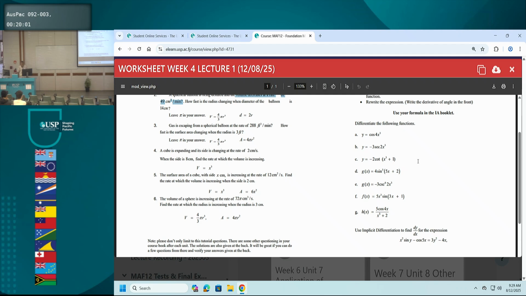Differentiate the following functions. A: y equals cos of 4x, cubed. What technique of differentiation will we use here? Because you know the power rule. What else?